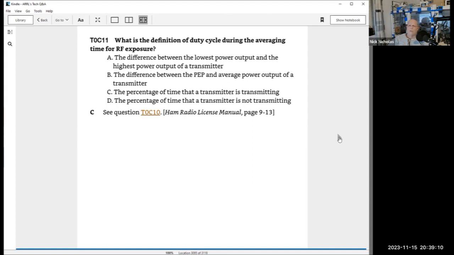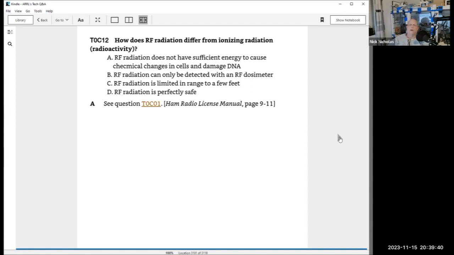A duty cycle is a percentage of time that a transmitter is transmitting versus when it's not. Now, duty cycle is different for different modes because FM always is transmitting 100% duty cycle. AM is always transmitting 100% duty cycle because of the carrier wave. And sideband is only about 40% duty cycle. There's a chart in your book. Be familiar with it so you get a rough idea.